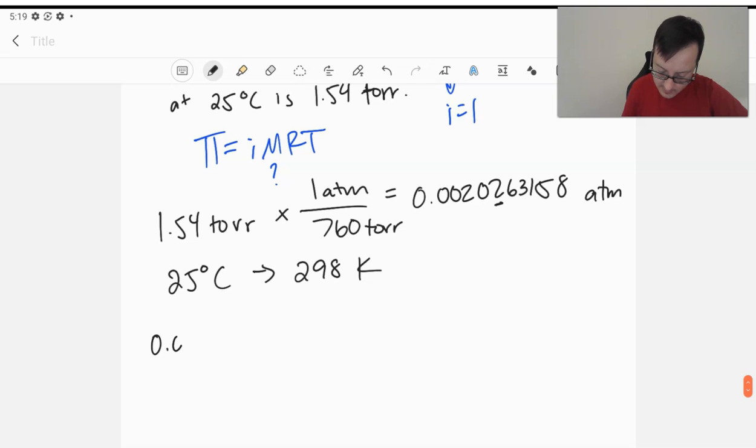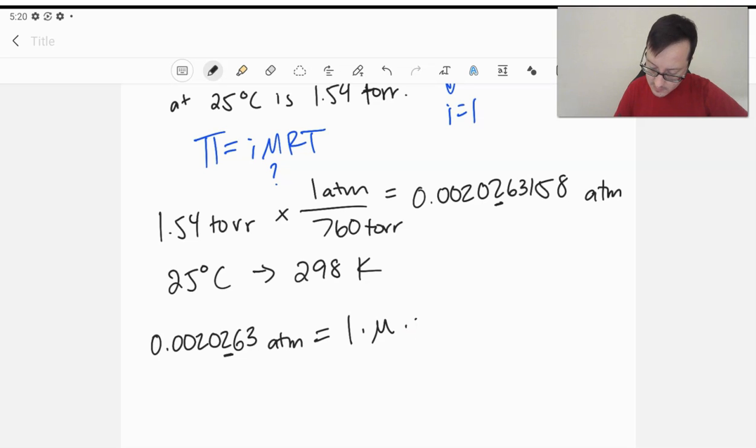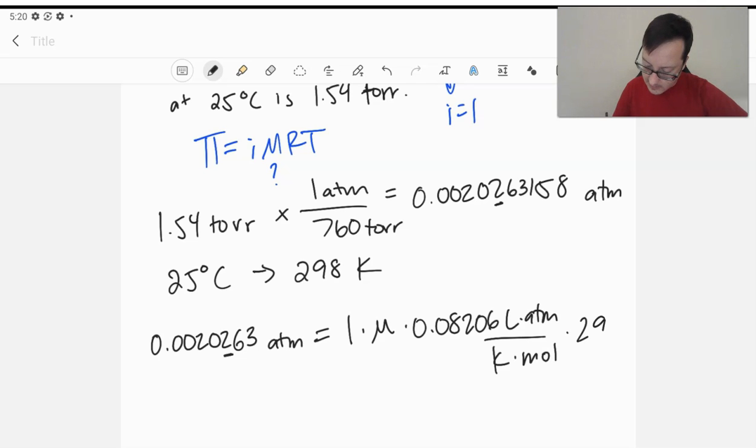We have 0.0020263. I'm just going to leave it there. Atmospheres, that's our osmotic pressure, is equal to 1 times our molarity times 0.08206 liter atmospheres per Kelvin mole, times 298 Kelvin.